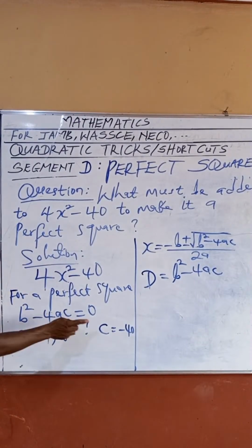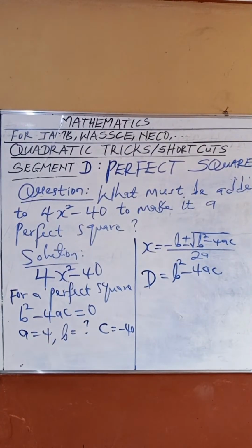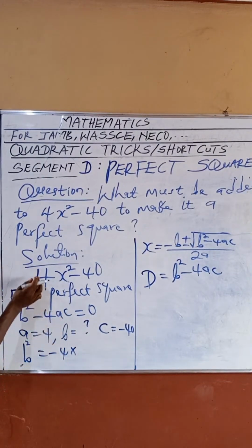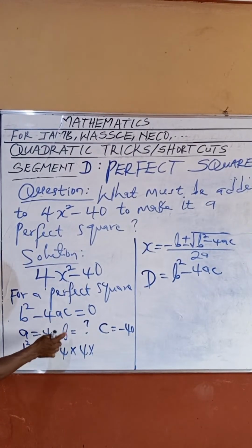So let's check and see how we are going to substitute here. What are we going to add to make it a perfect square? This is B square. So what is B? We don't know at all. So B square is equal to minus 4 times A, and A is 4 times C, right?